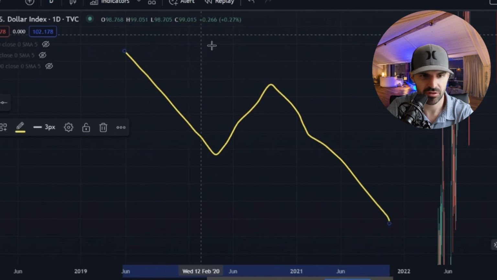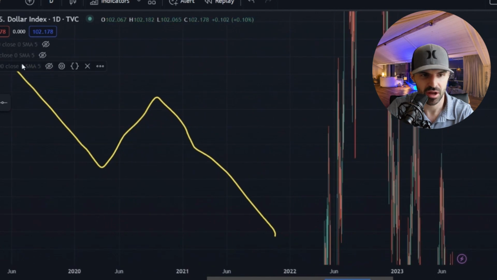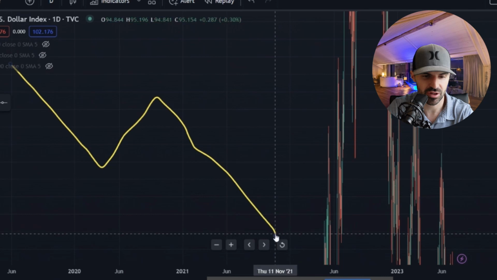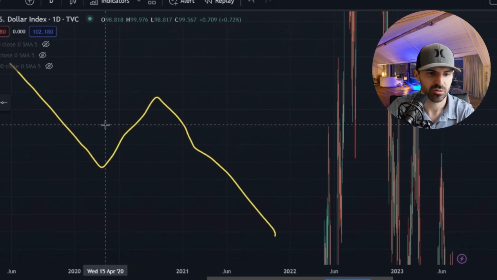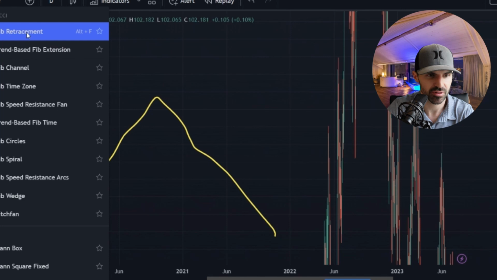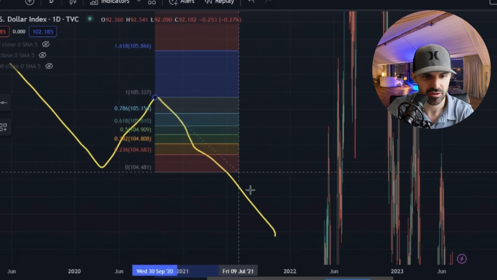Now, if you were holding a coin or a stock and you didn't want to sell here because you can see it's bouncing, it's going to retrace. What you can do is get your Fib retracement and draw it from the high to the low.